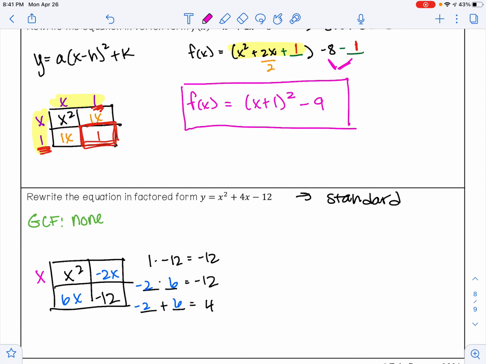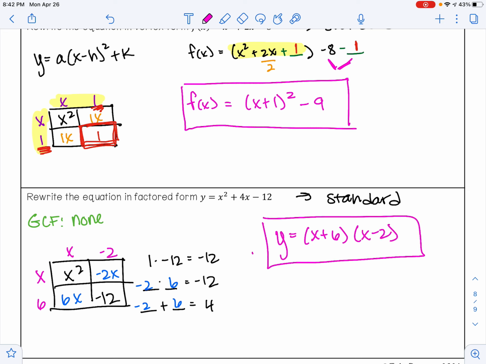The greatest common factor of the bottom row is 6. The greatest common factor of the left side is x. And the greatest common factor of the right side is negative 2. So my factored form is going to be y equals x plus 6 times x minus 2. This is my answer.